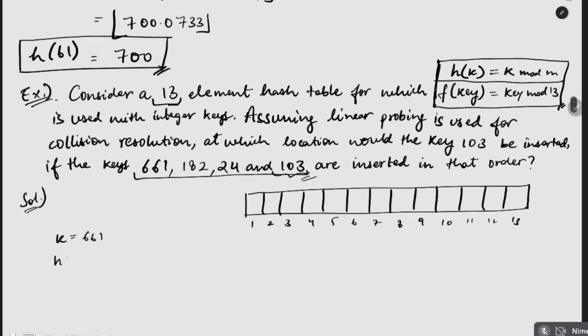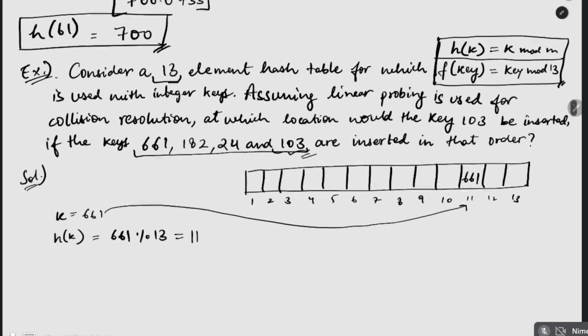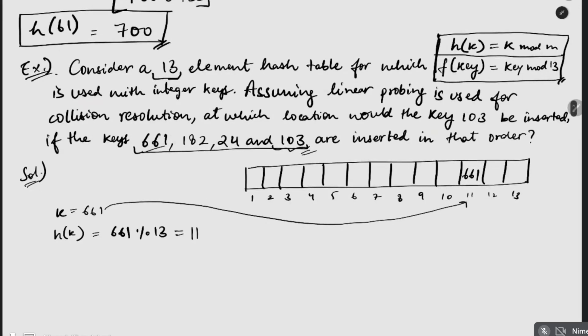Right, so what will be h of k? It will be 661 mod 13. And what is 661 mod 13? It's 11. Right, so 661 is placed at position 11. Right, so this is done.